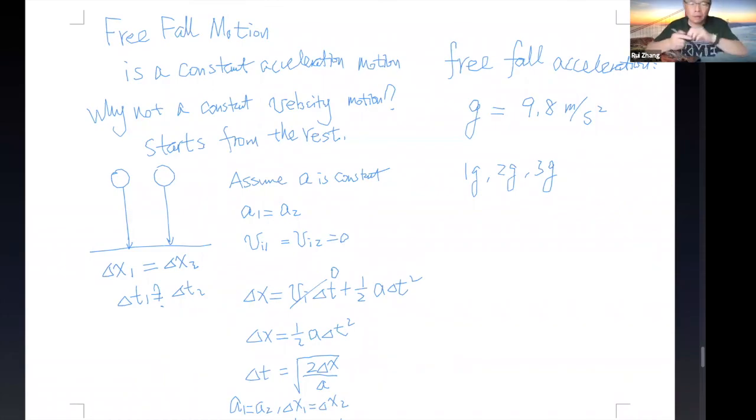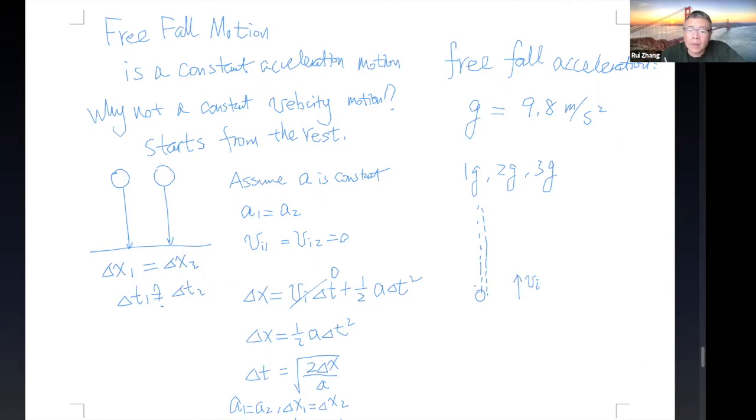Actually, the tossing up part is even more interesting. Think about this: you toss the ball upward, it goes up, and it comes back. Let's try to understand this motion a little bit qualitatively. At the very beginning, because you're tossing the ball upward, you have initial velocity V_i going up.